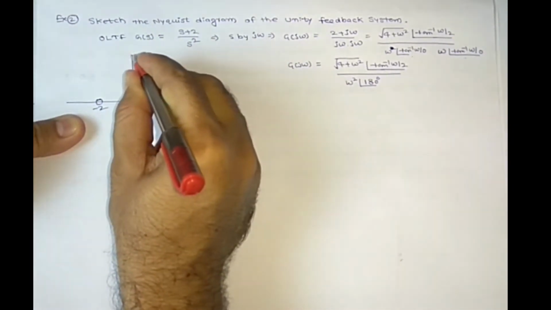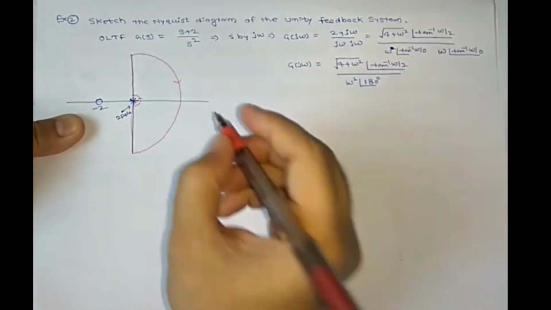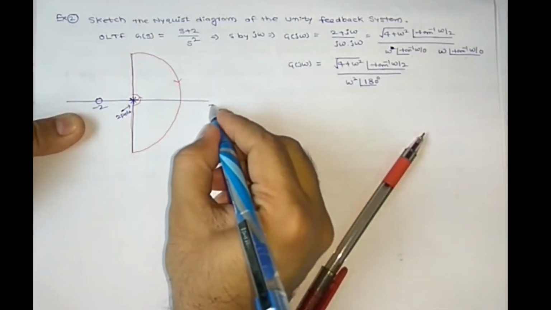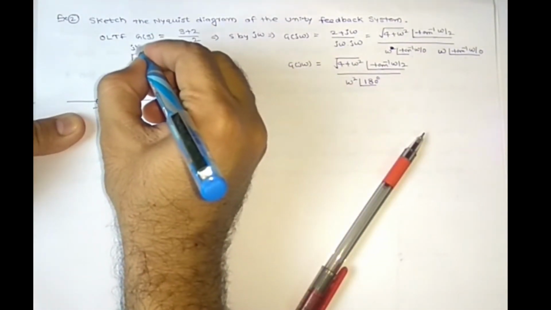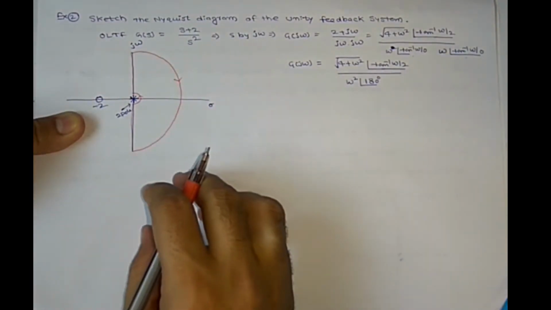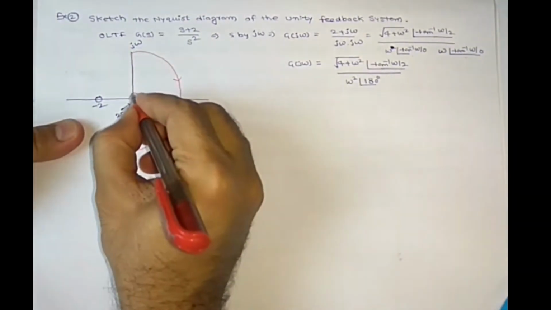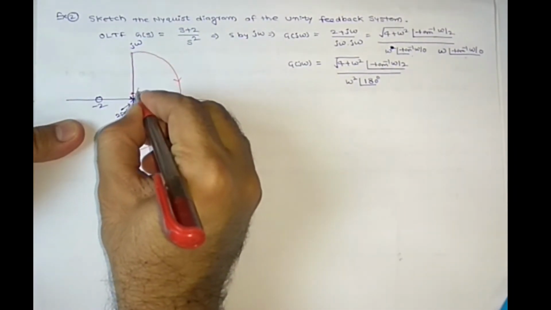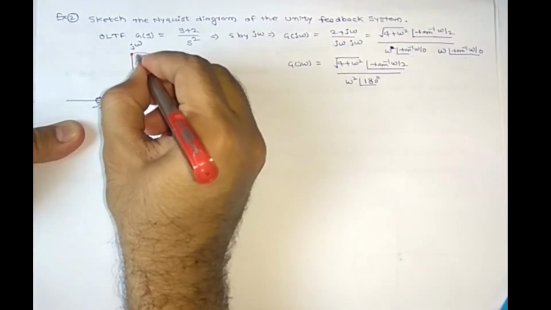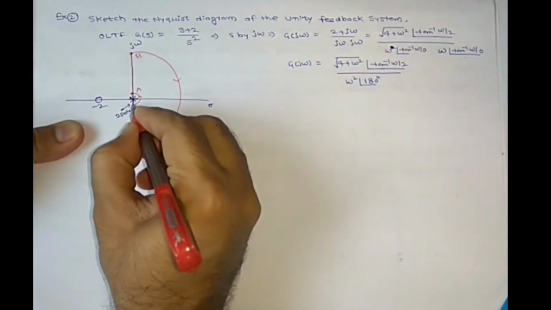I bypass that one and I come back. So this is the real part and this is the imaginary part. In this entire Nyquist contour I will have some points: this is A above the detour, this is B, and this is completely infinity, C and D.